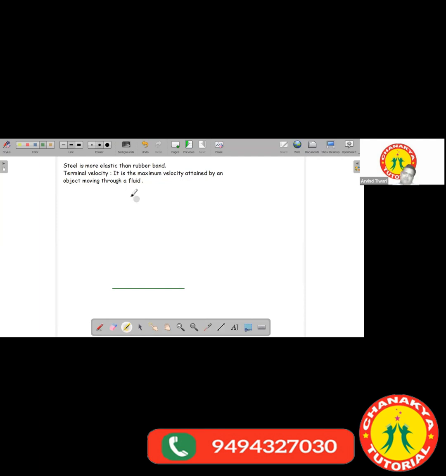So suppose I take a ball which falls through air. As this ball falls through air, its velocity increases. We know that its velocity will increase due to acceleration due to gravity. Here we have acceleration due to gravity acting in the downward direction. We have velocity also acting in the downward direction.